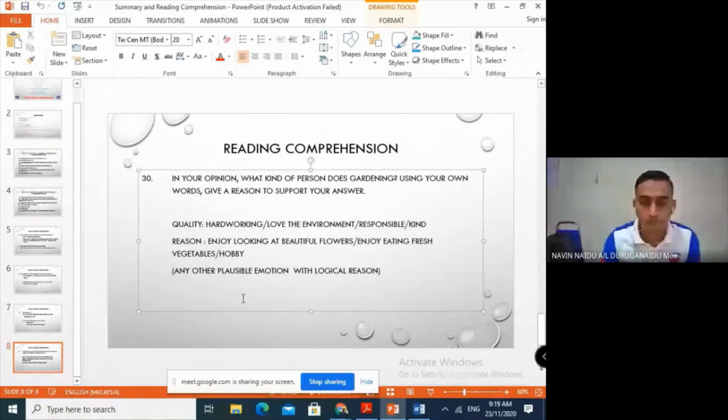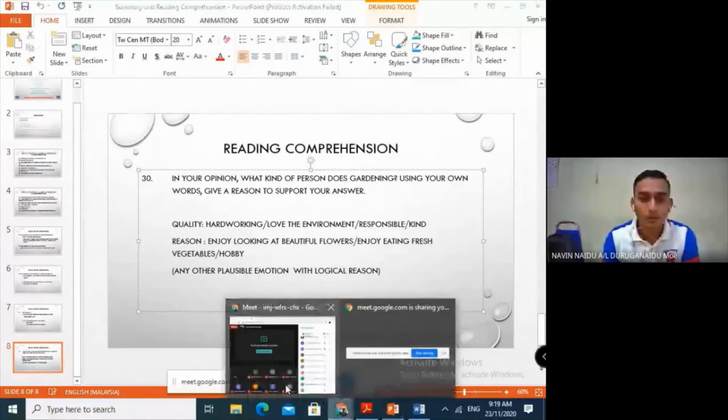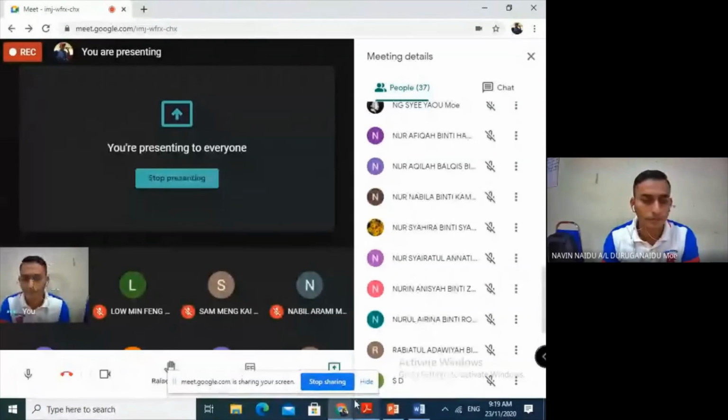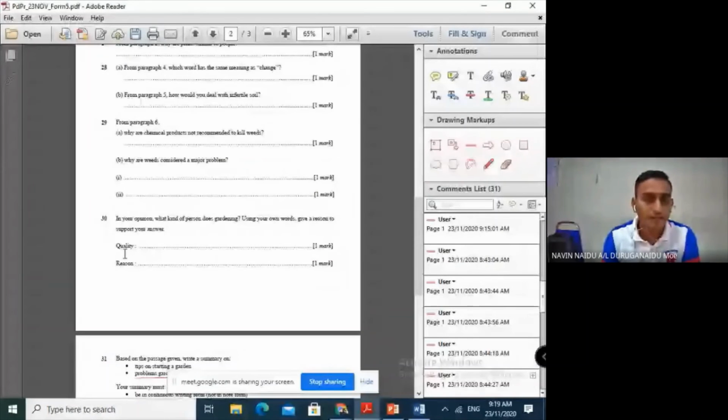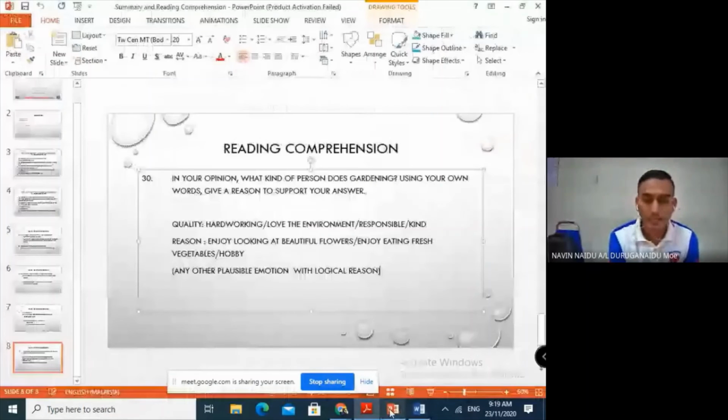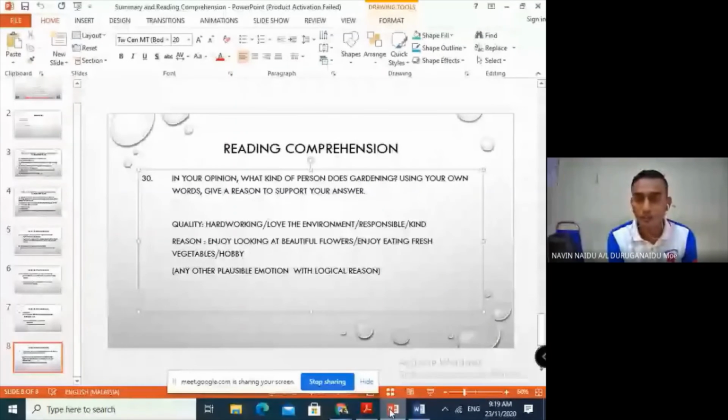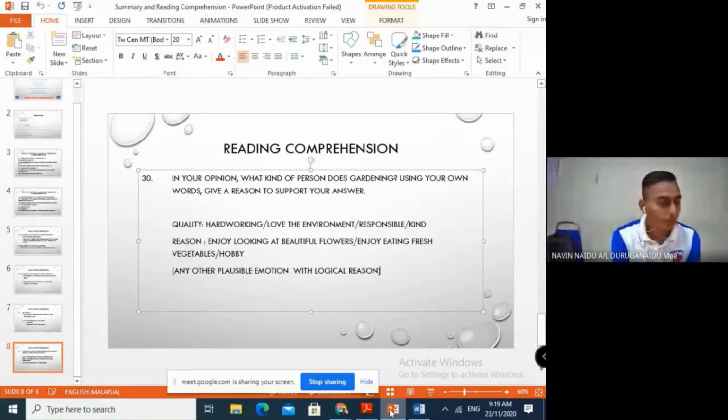The quality of a person who does gardening could be they're probably a hardworking person, a person who loves the environment, responsible, or kind. The reason could be enjoy looking at the beautiful flowers, enjoy eating fresh vegetables, and hobby.